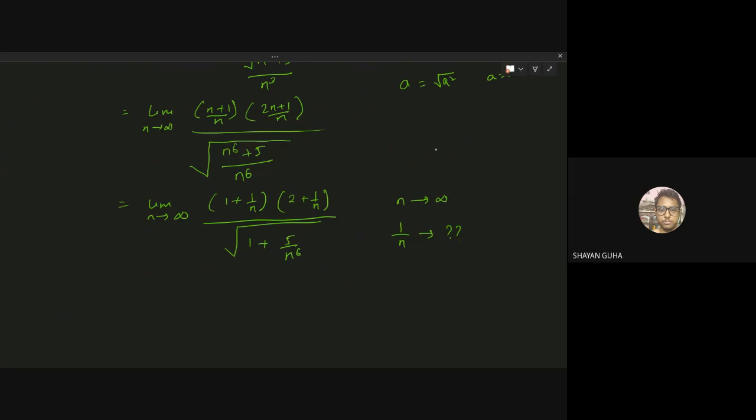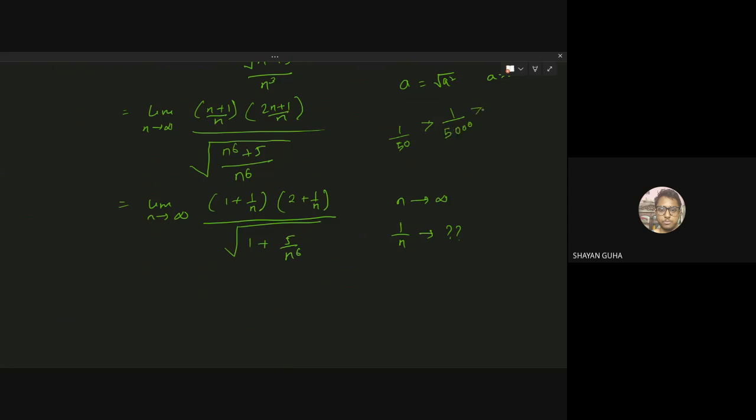Yeah, correct. See, if n is a number which is sufficiently large, and if I divide 1 by any sufficiently large number, let's say for the sake of example, if I divide 1 by 50, the value will be strictly greater than the number I will get after dividing 1 by 5,000.